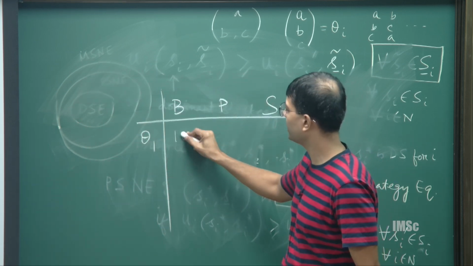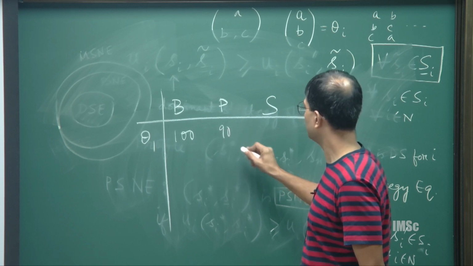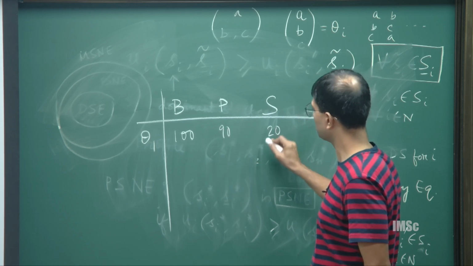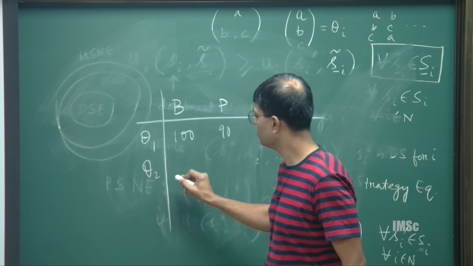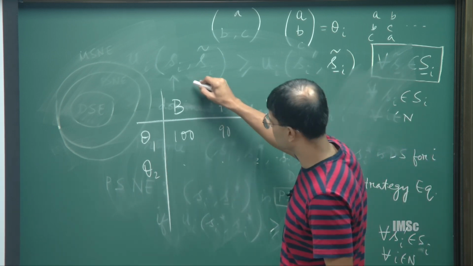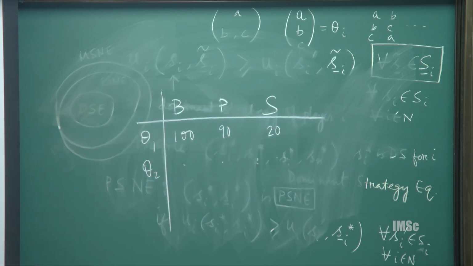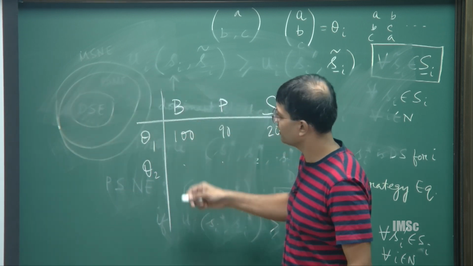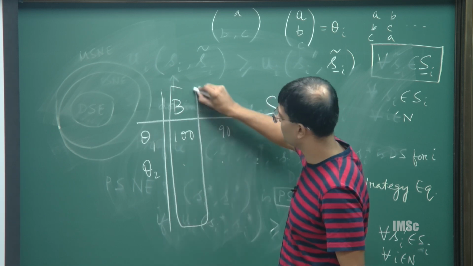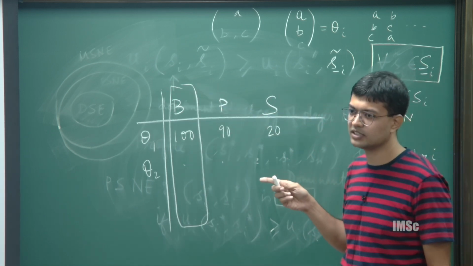Let's say I like bridge a lot, park maybe 90, and street is 20. So theta 2 is something else, the numbers. Now what I will do is take the sum of whatever they have reported and compare, and whichever is highest is to be built. So this is the example.